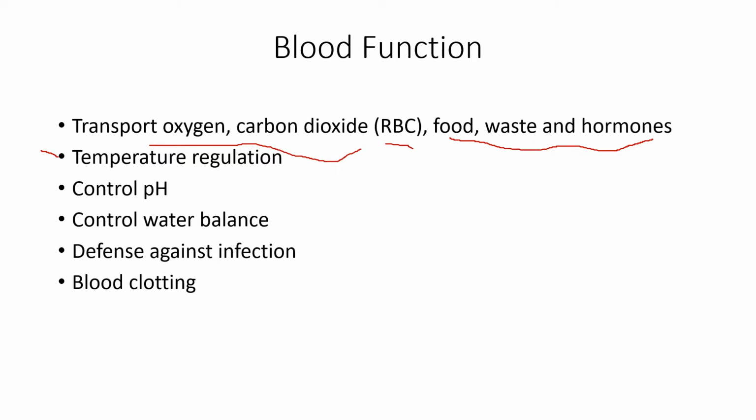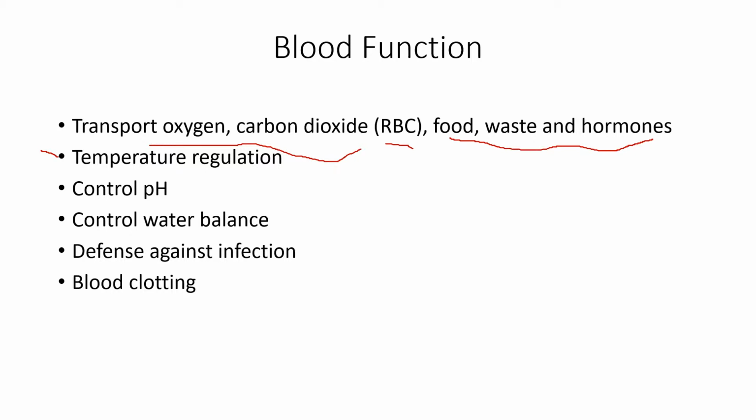So your vessels are going to dilate and push more blood closer to the surface of your skin to counteract the cold air and warm you up a little bit. So blood does have a role in temperature regulation.